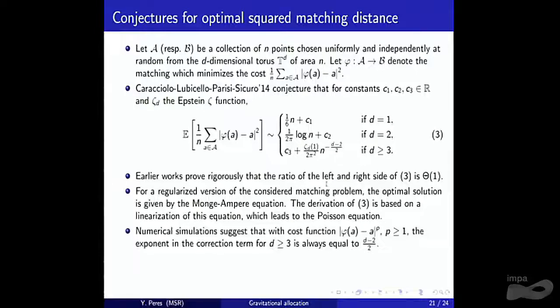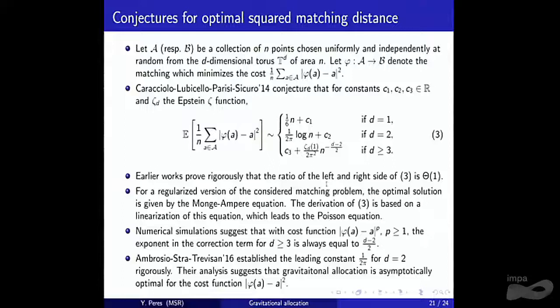But then there's an amazing work by Ambrosio and Trevisan, in late November 2016, which actually establishes this 1 over 2 pi in 2 dimensions. In the process, they lose the exact matching. They don't prove that gravitational allocation has this 1 over 2 pi, because they use a duality argument.